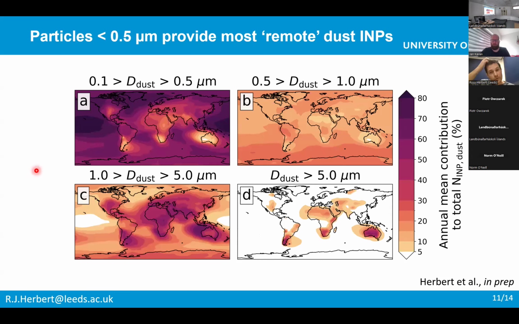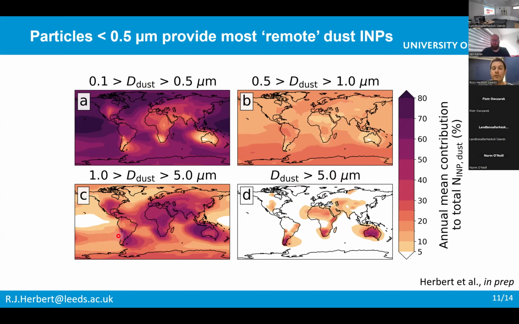So this made us think more about which part of the dust size distribution is actually contributing towards the IMP in any location. This is now globally. We're going to take the annual mean dust size distribution at the model surface and convert it into IMP concentration, and see which part of the size distribution is contributing. So we've got large particles, smaller, and then even smaller and the smallest.